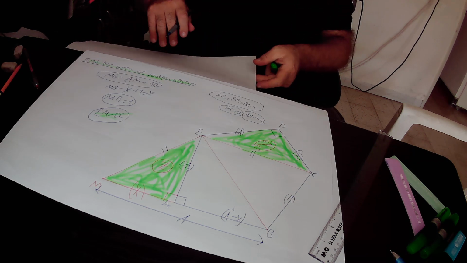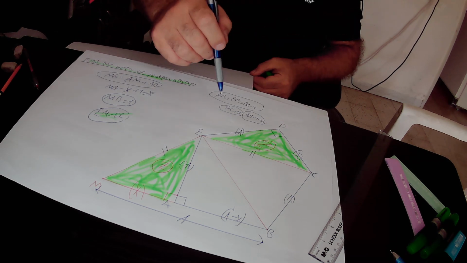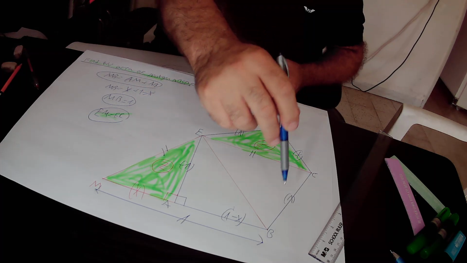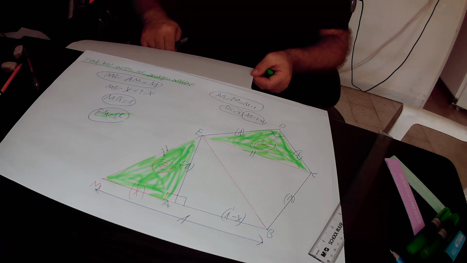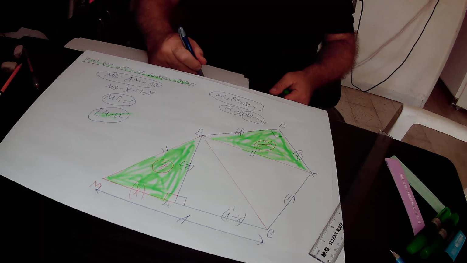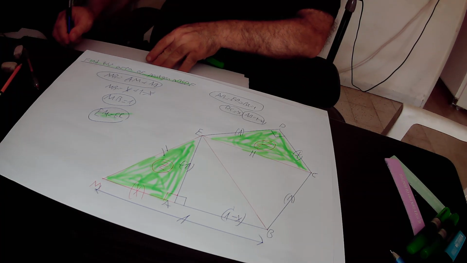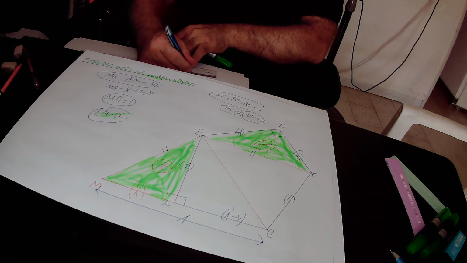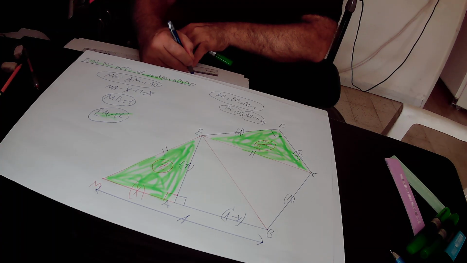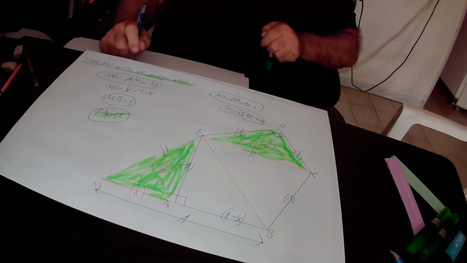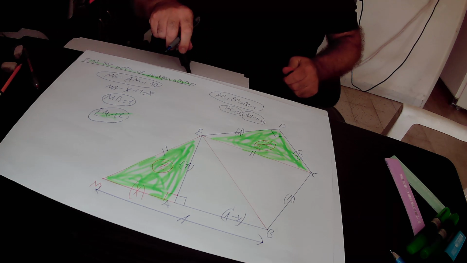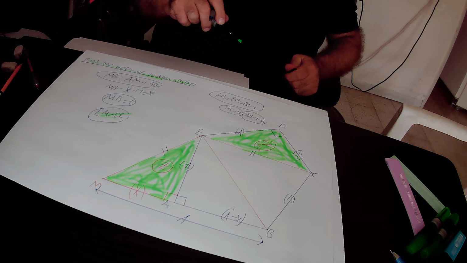Our task is to find out the area of this pentagon ABCDE. The area of pentagon ABCDE must be equal to the sum of the areas of the two shapes that it consists of.